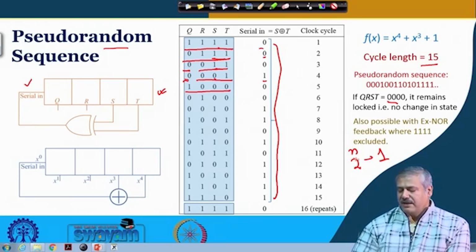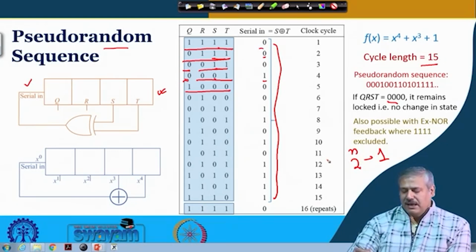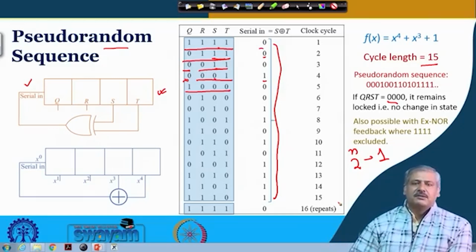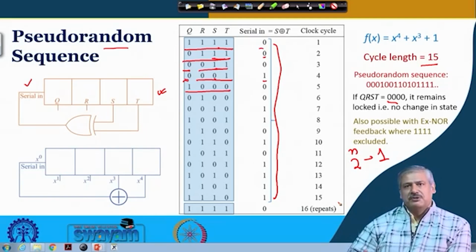So, with higher values of n, you can understand that the sequence will repeat after a very long time. The sequence will be very long, and there is almost equal probability of zeros and ones in this particular sequence. Clear?